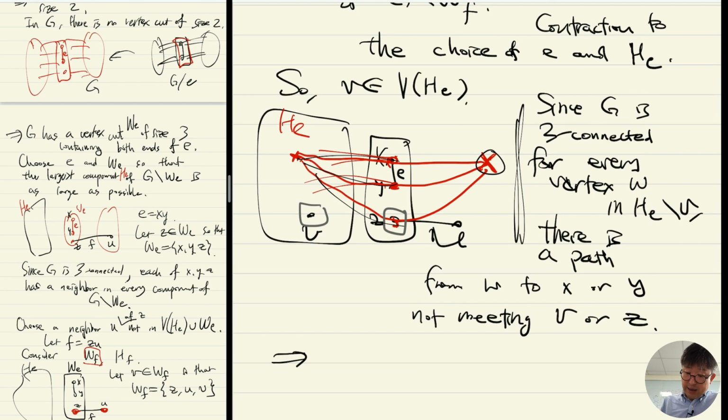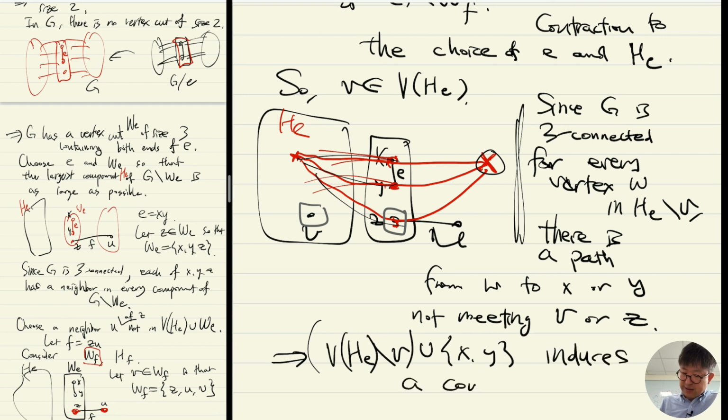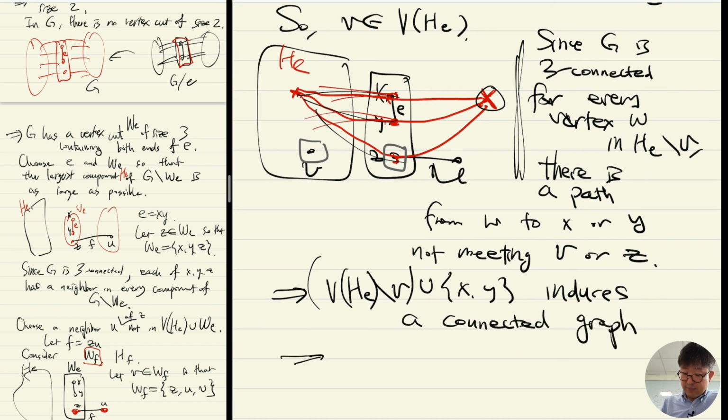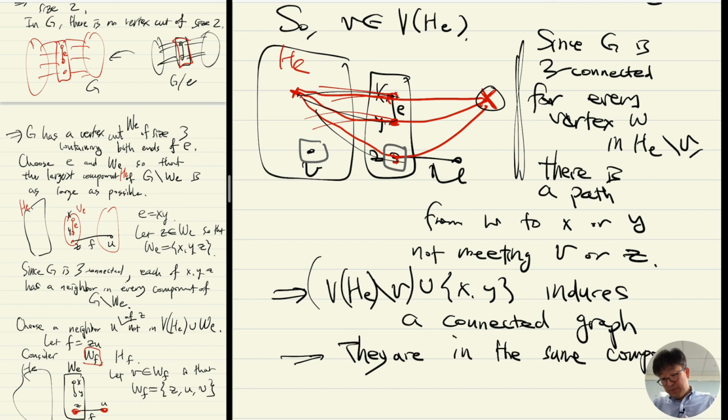That means HE minus V union X, Y induces a connected graph, so they are in the same component. But the number of vertices in this component is larger than the size of HE, because we delete 1 but added 2. So that's again a contradiction.